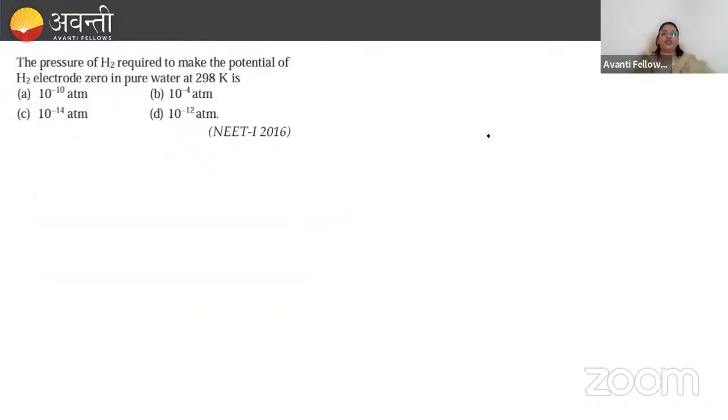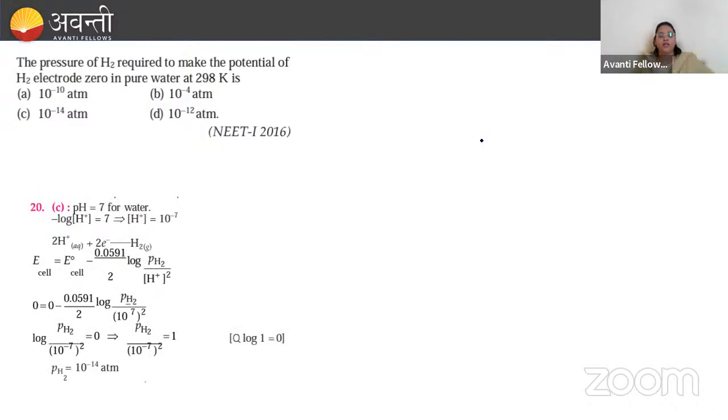The pressure of H2 required to make the potential of the H2 electrode 0 in pure water at 298 Kelvin is? We are asked how much pressure is required if the hydrogen electrode potential is 0. You know pH for water is 7, so the concentration of H plus ion will be 10 raised to minus 7.